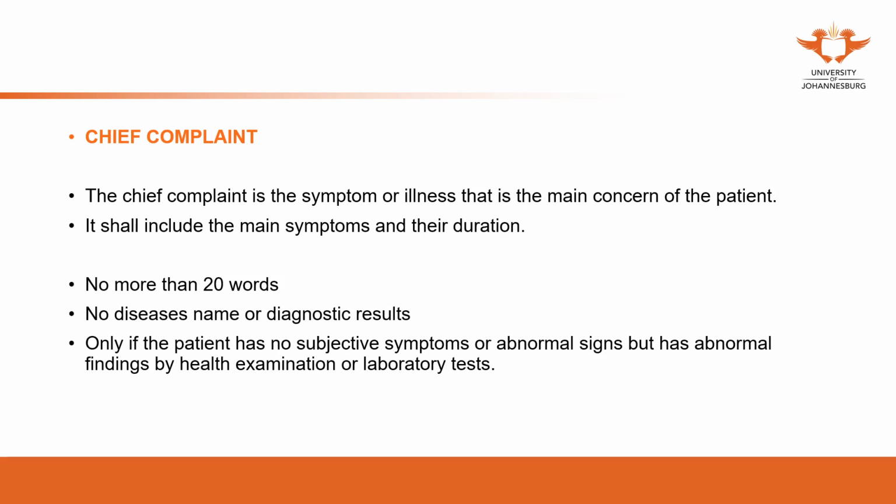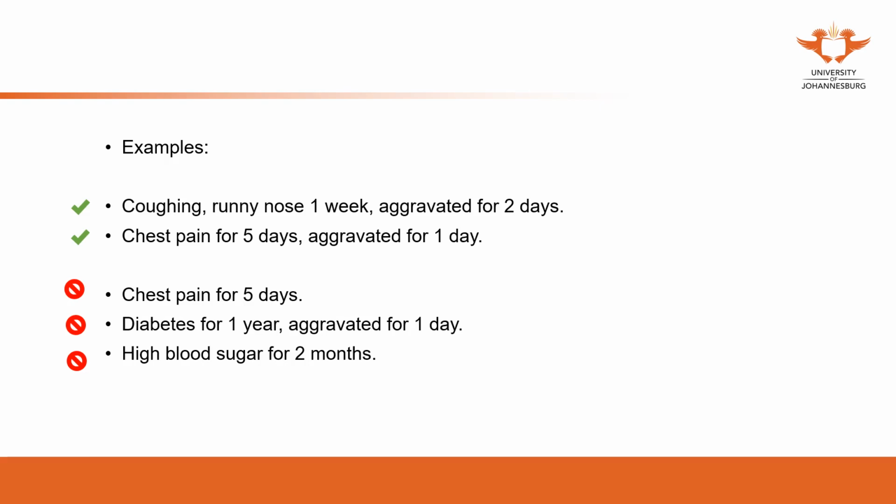Okay, next we're going to give you some examples of what this means. Examples: coughing, runny nose for 1 week, aggravated for 2 days. Chest pain for 5 days, aggravated for 1 day. So here are 5 sentences. Let's see the sentences first, and then discuss the difference.